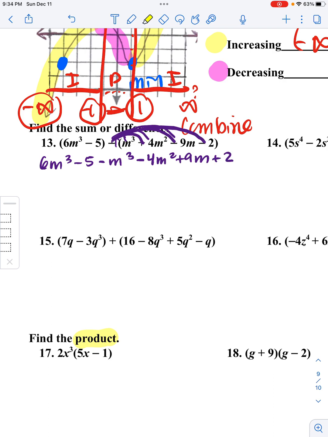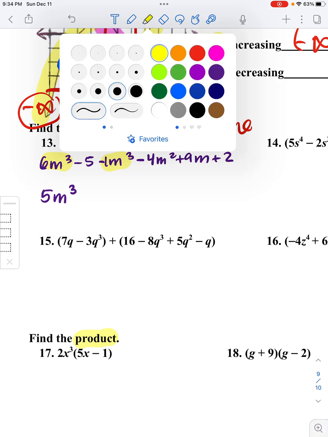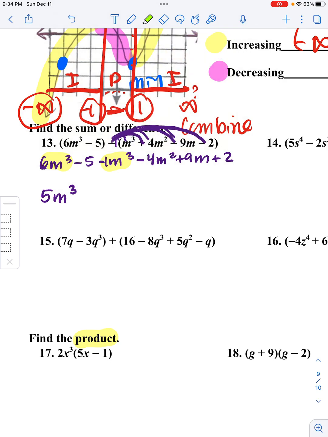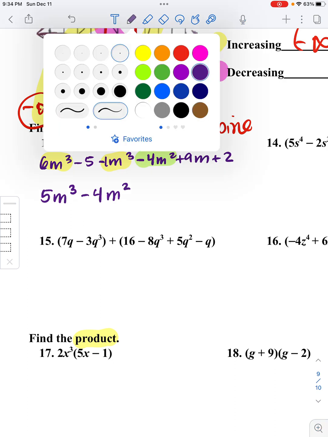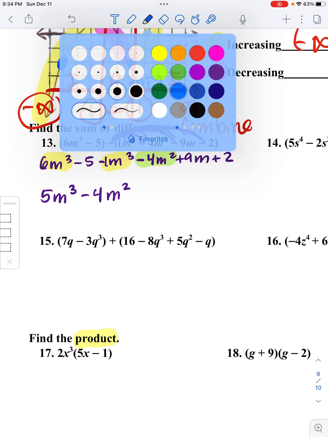Now go through, find the highest power of m, which is third. Find all of those. So 6m cubed minus 1m cubed leaves you with 5m cubed total. Now go through and find if there's any of the next highest power, which would be m squared. There's only this minus 4m squared. It doesn't have anything to combine with, and so it doesn't change.